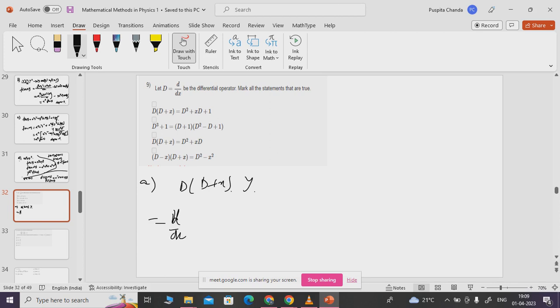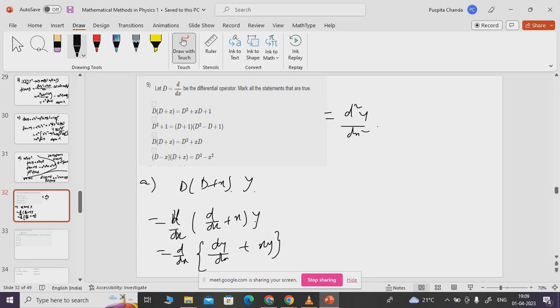Okay, so the question is D into D plus x. So we are operating on a function y, so D is d by dx. D into D plus x on y is d by dx of dy by dx plus xy.